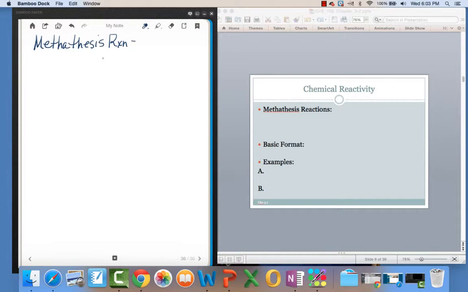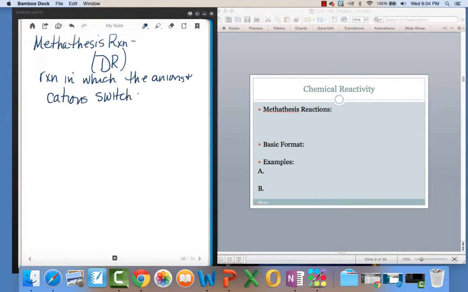As I said earlier, these are double replacement reactions, and they are a reaction in which the anions and cations switch partners.